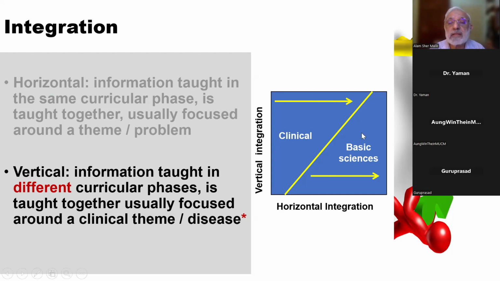If you look at this diagram, the horizontal integration is either between basic sciences or between clinical sciences, whereas vertical integration is between basic sciences and clinical sciences. In this diagram, you can see the clinical teaching starts from the very beginning, although it's just a small component here, and it increases with time.